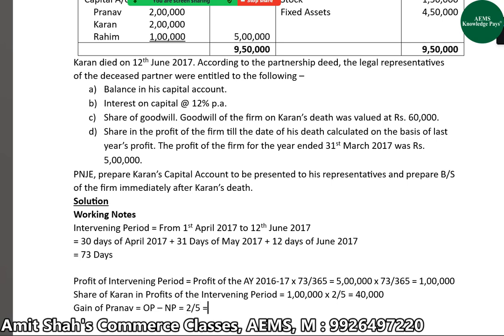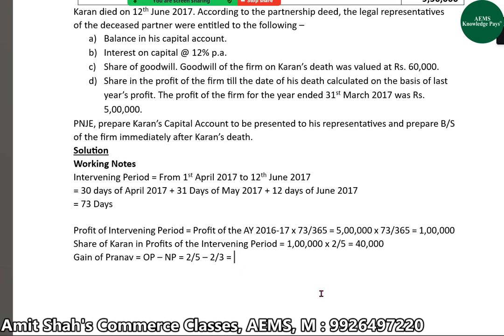Old proportion was 2/5. New proportion is 2/3. Right? So the LCM here is 15. It would be 10 minus 6, that is 4/15. So gain of Pranav is 4/15.